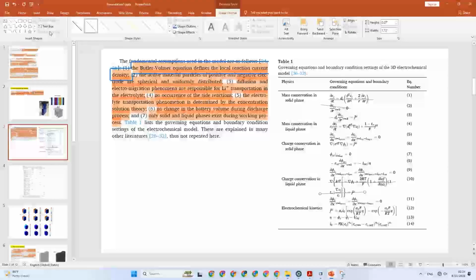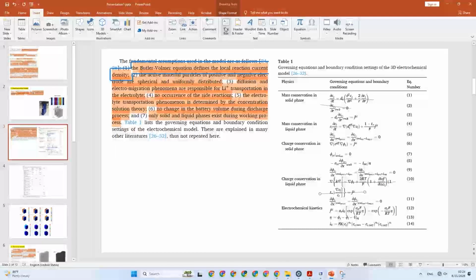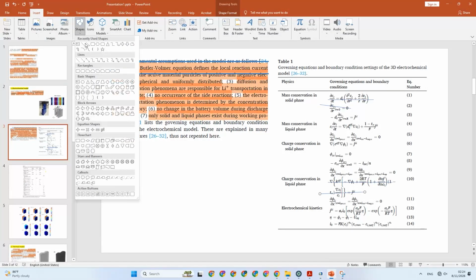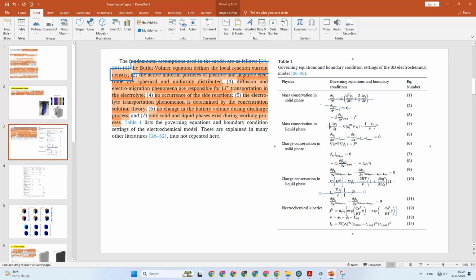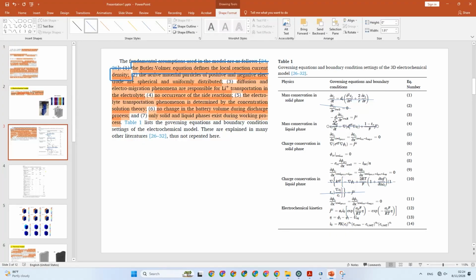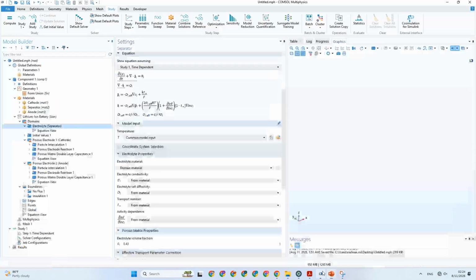Let me bring the shapes, and this was valid. This is valid, yes. And here rho CLX equal to 0. Let me check.